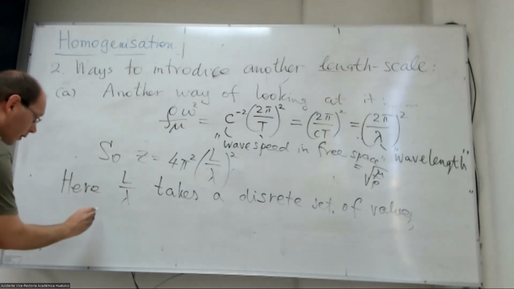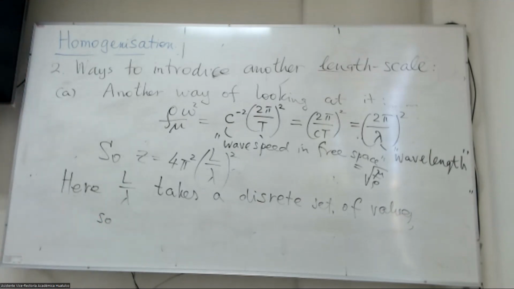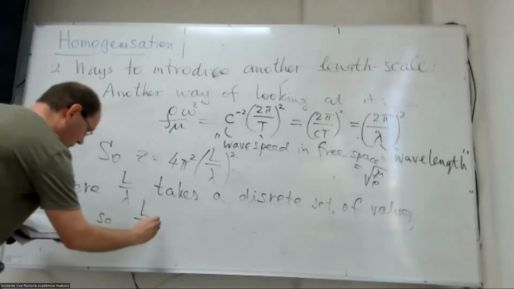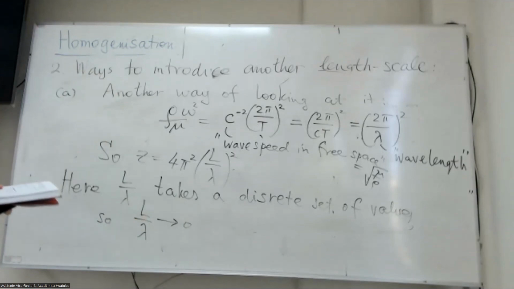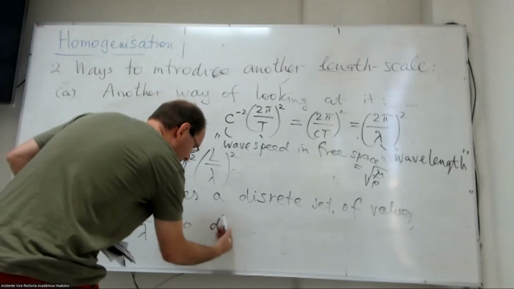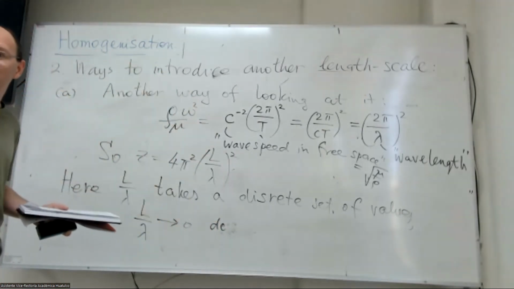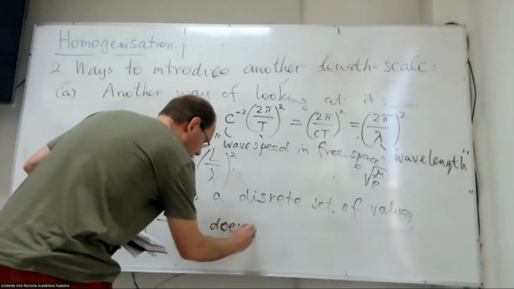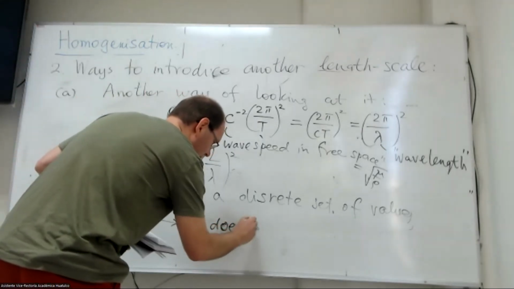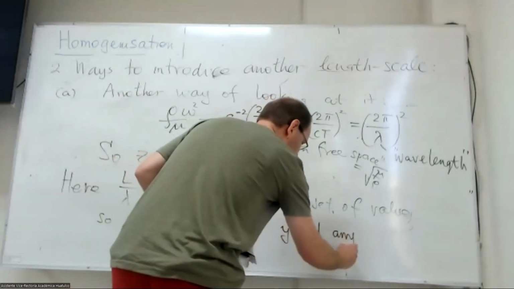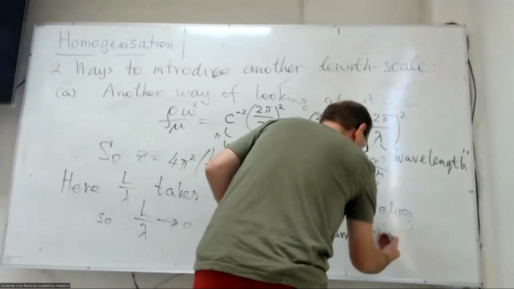And so, since it's a discrete set of values, so just points on a real line, L over lambda going to 0 doesn't yield really anything, unless I start making my model more complicated by introducing some other features into it. But at the moment it doesn't yield anything interesting.